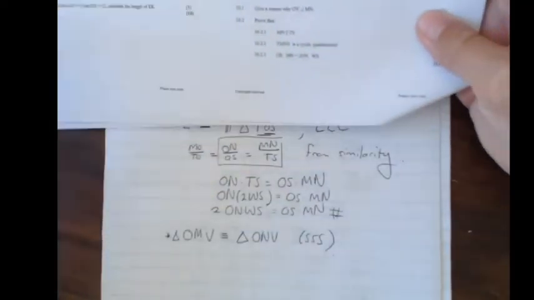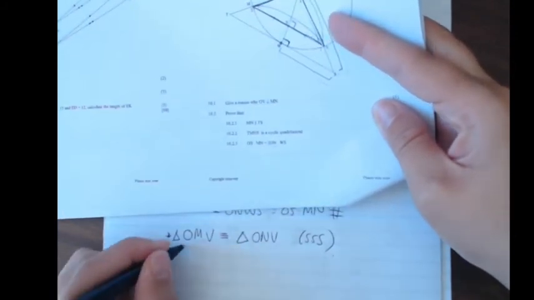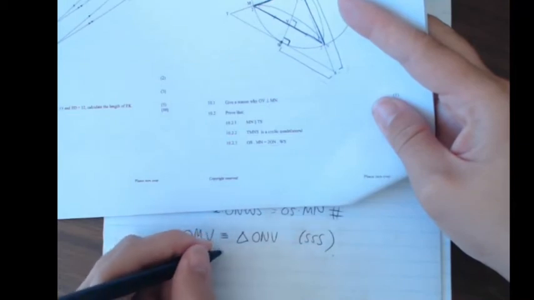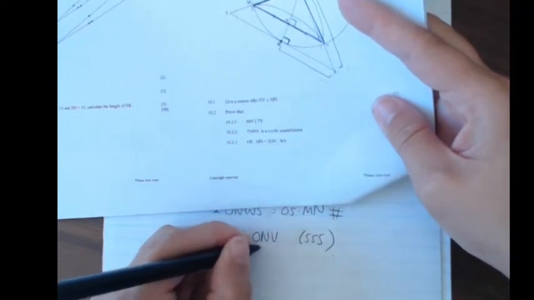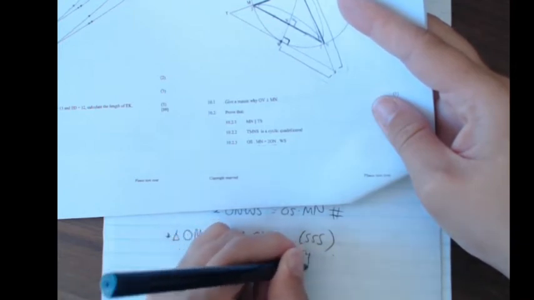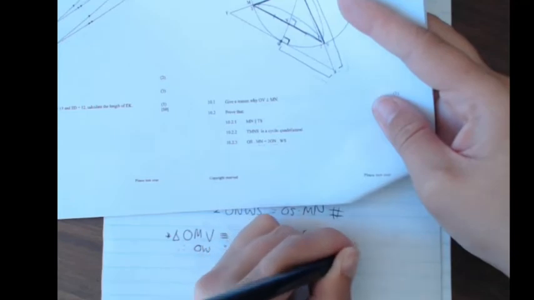So it's going to be congruent, which means that OW is a line of symmetry there, right?